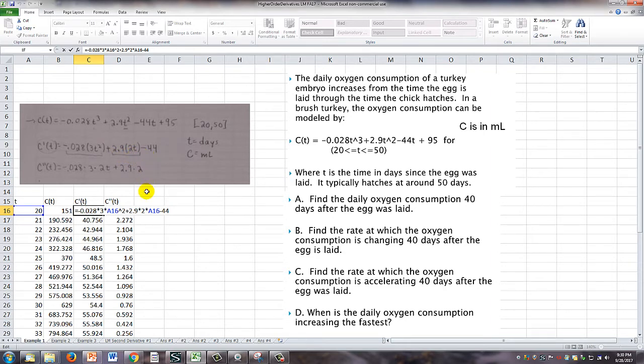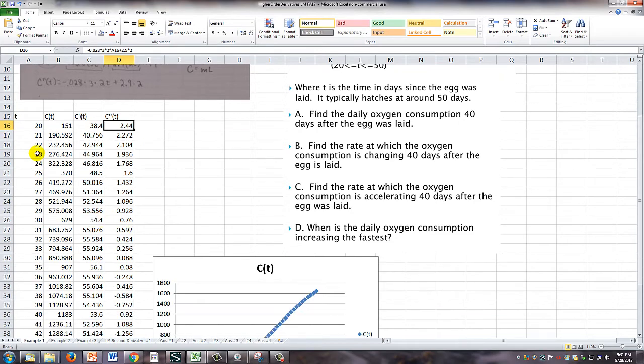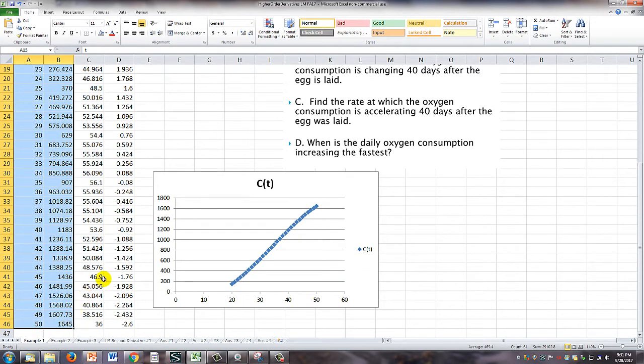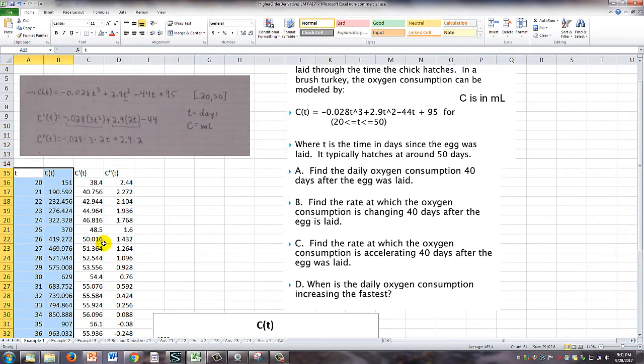So you really don't need to do any simplifying. And then I typed in my second derivative, and I wanted to look at a graph of the original function. And I won't ever need to look at the derivative and the second derivative.